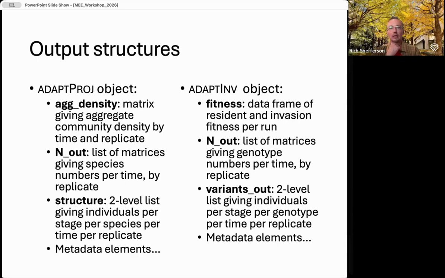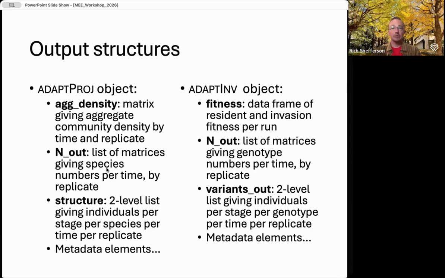If you're running a matrix community model, then the core 3 are these: ag density, N out, and structure. Ag density is basically a matrix, and what it does is it shows you the aggregate community density by time and replicate. So the aggregate community density is not the sum of the number of individuals, but the sum of the individuals multiplied by their stage weights in each case.